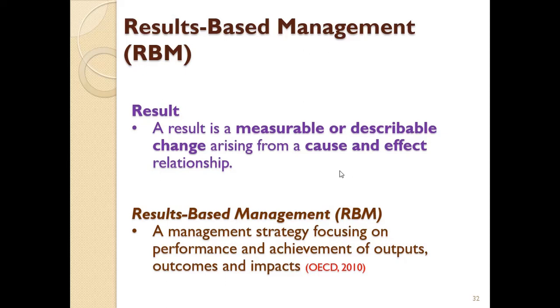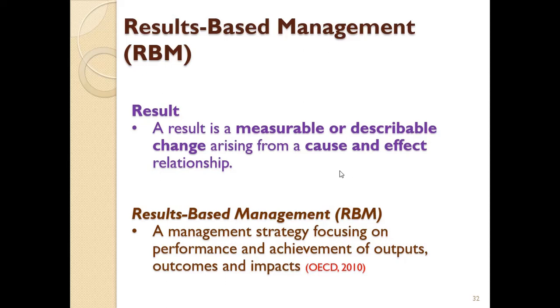Remember the indicators that we talked about. The indicator should be specific and help in measuring such a result. So result-based management is a management strategy that focuses on performance and achievement of results. And by results here we mean outputs, outcomes, and impacts.